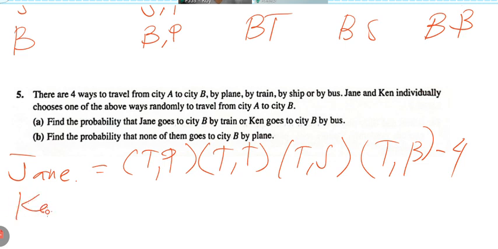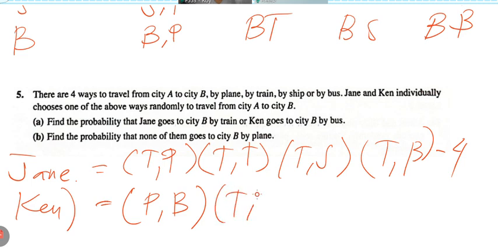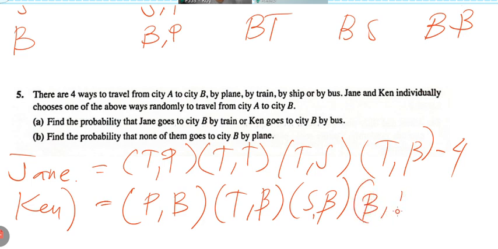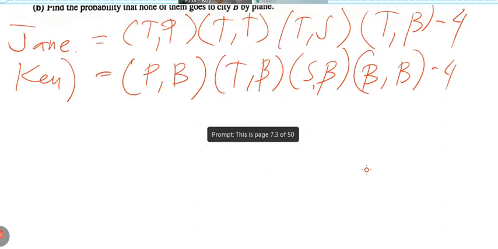Now for Ken going by bus, we have plane and bus, train and bus, ship and bus, and bus and bus. That's 4 of them. So let's add all of them.